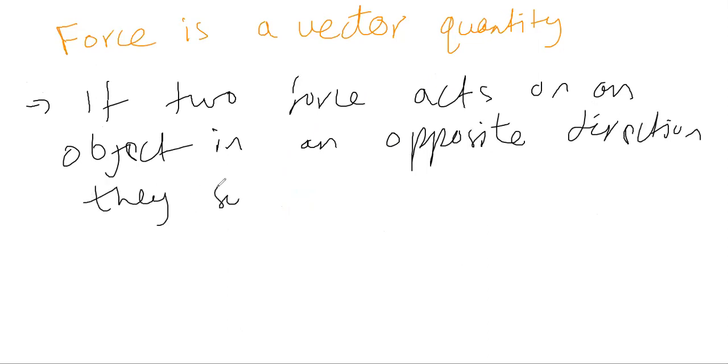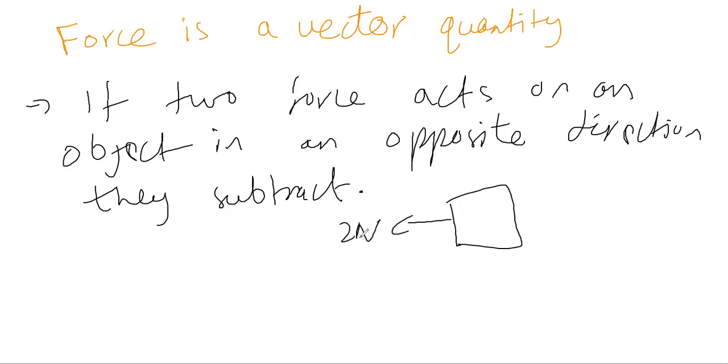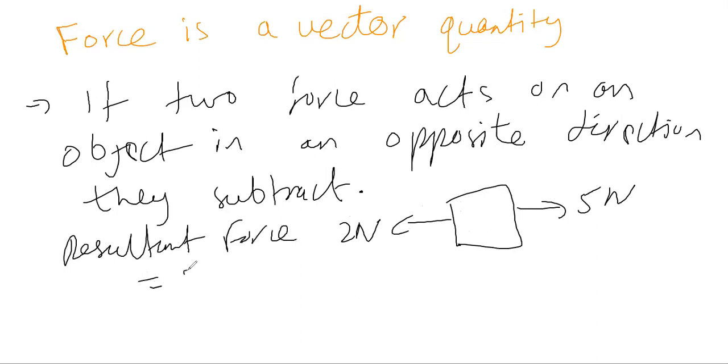They subtract. For example, it's a box, 2 newtons in this direction and 5 newtons in this direction. So the resultant force will be 5 minus 2 is 3 newtons to the right, because the right side force is bigger. The box will move 3 newtons towards right. Is it clear?